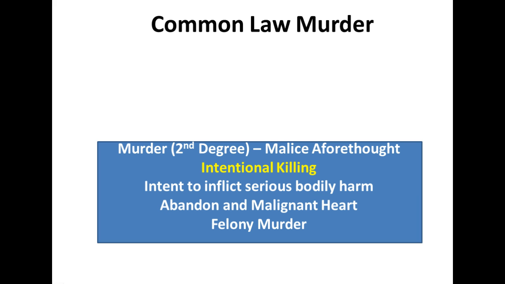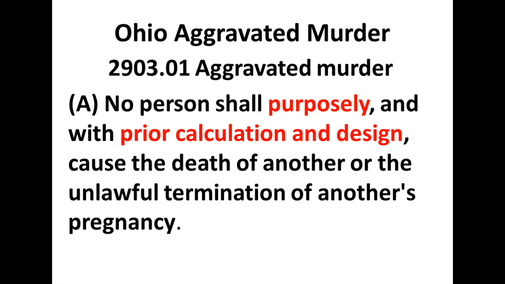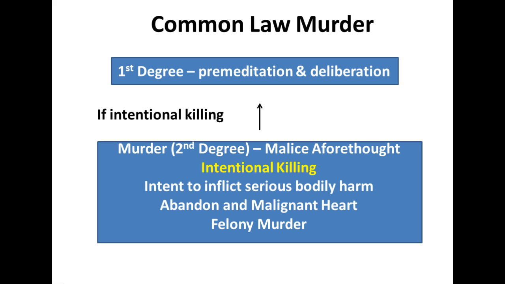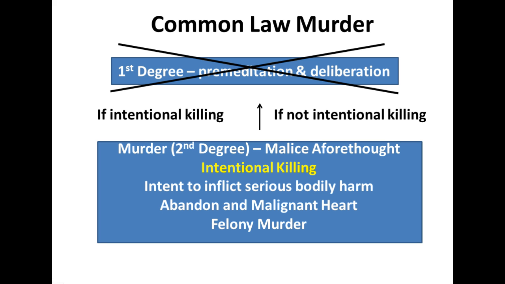And then first-degree murder was where premeditation and deliberation came in. If you have an intentional killing, then you must look to see, is it first-degree murder, premeditation and deliberation? If it's not an intentional killing, then you won't have first-degree murder.